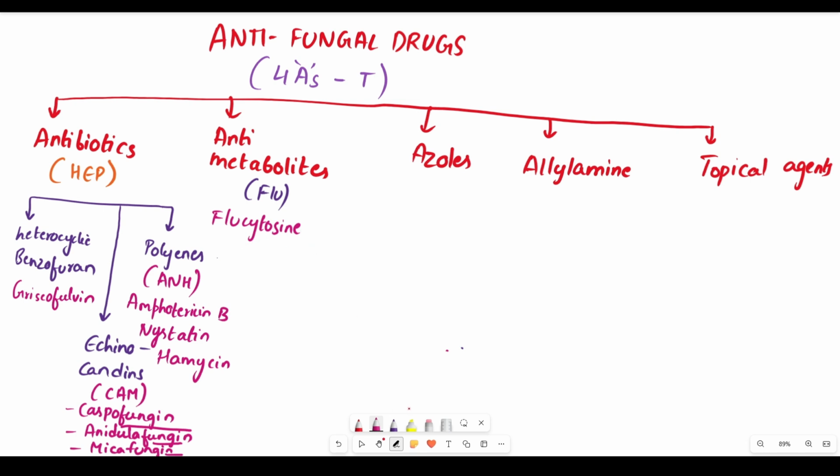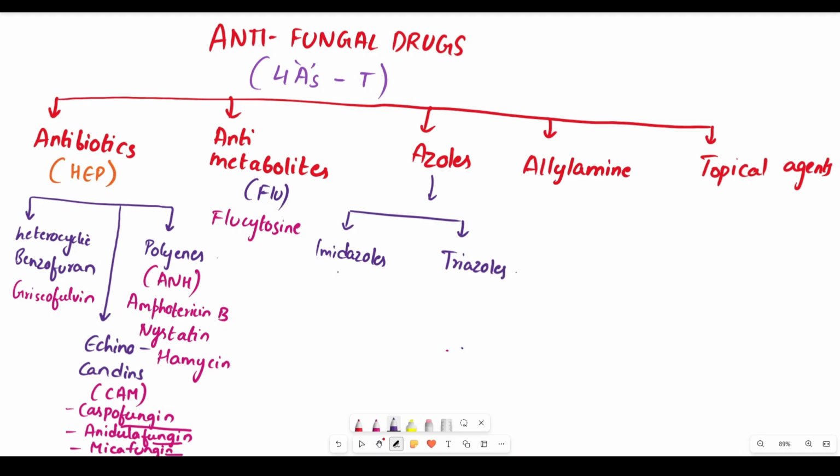Now coming back to the third class, that is azoles. In the azoles, these are further divided into two subclasses. The first class is imidazoles and the second class is triazoles. Imidazoles and triazoles.